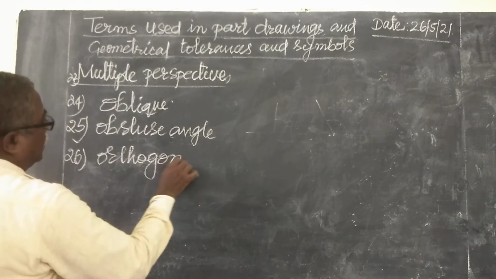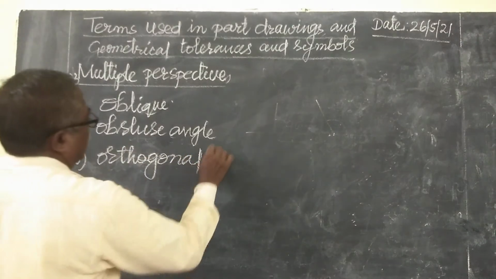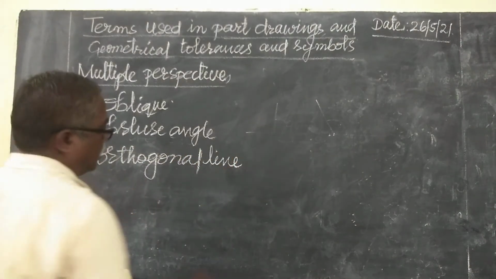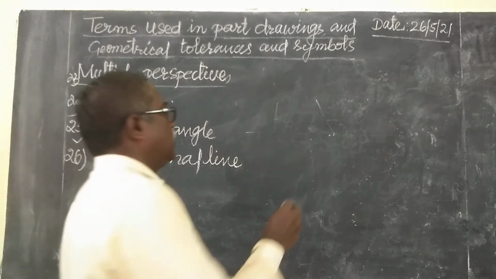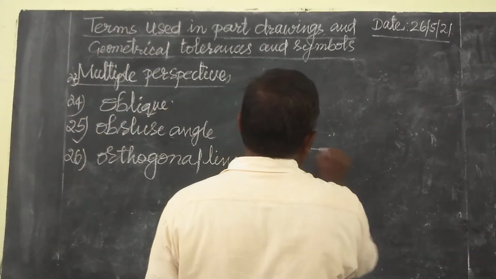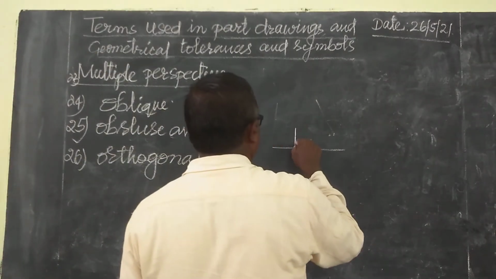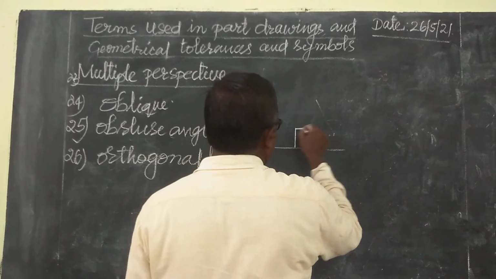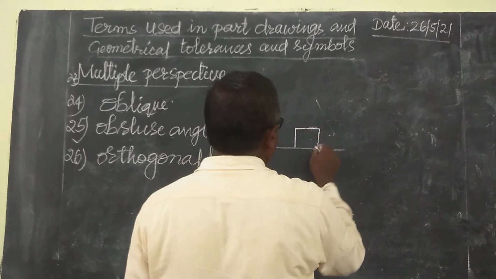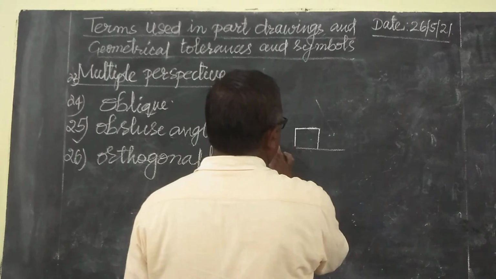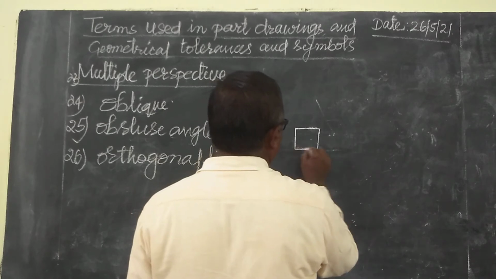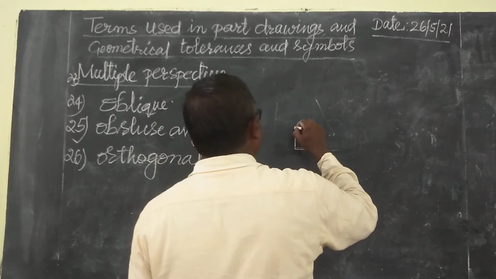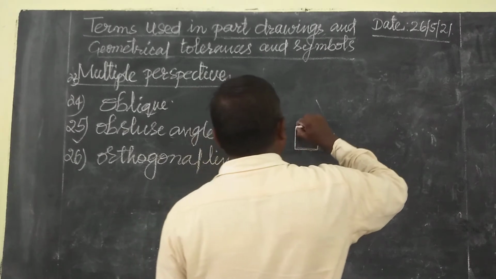Orthogonal line. For example, the same figure, when the figure is like this, the point is like this is the square, then the point will come like this and go.